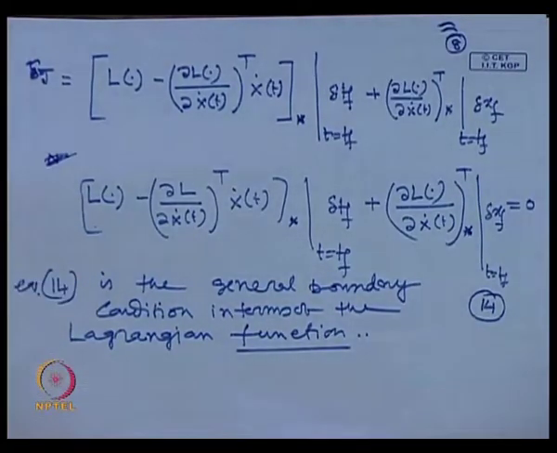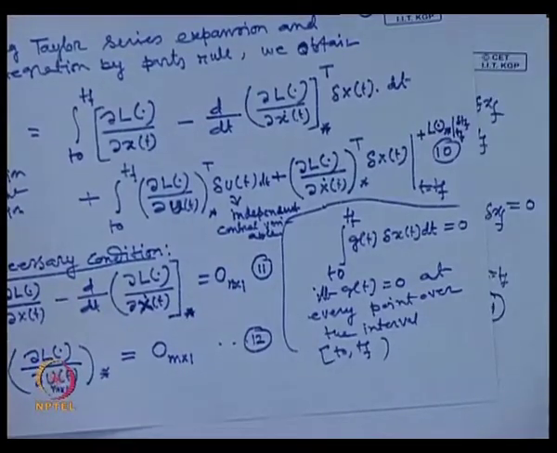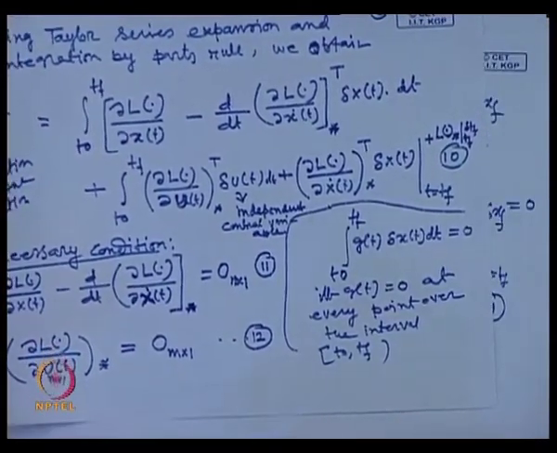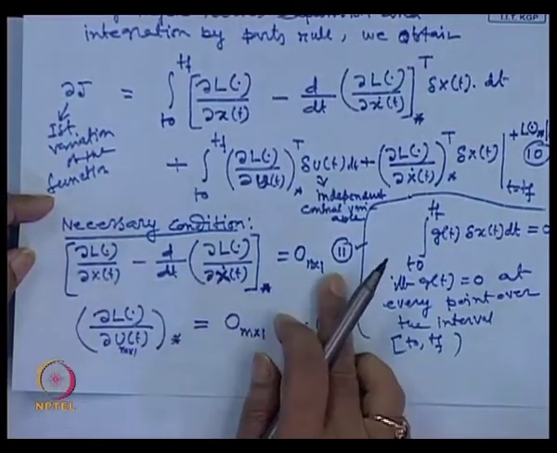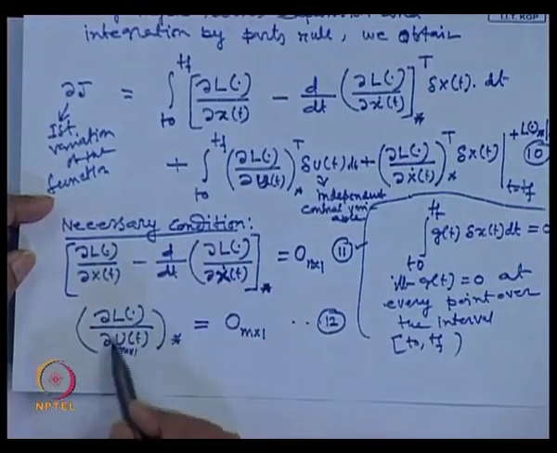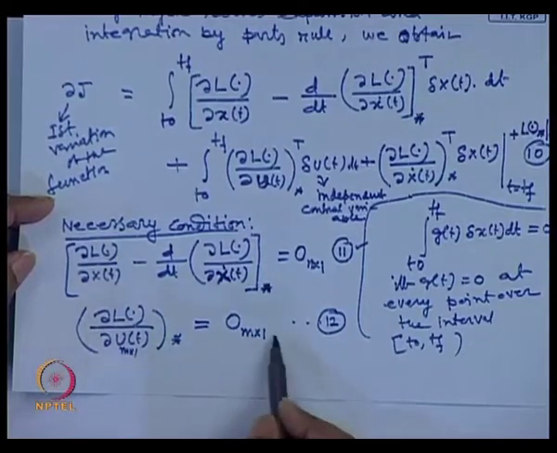Now, if I summarize this one, in order to optimize our original problem, where the terminal cost is there and the integral part of the performance index is there, in order to minimize that subject to the constraint x dot is equal to f of x comma u of t comma t, then our necessary condition is first this you have to solve. Once you form Lagrangian function, then you solve this, and also dL with respect to u is equal to 0.